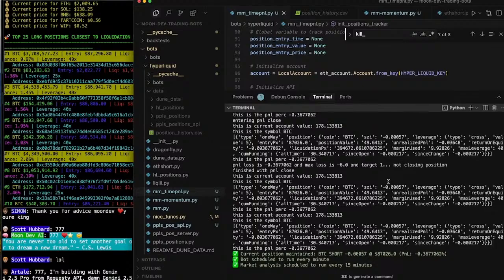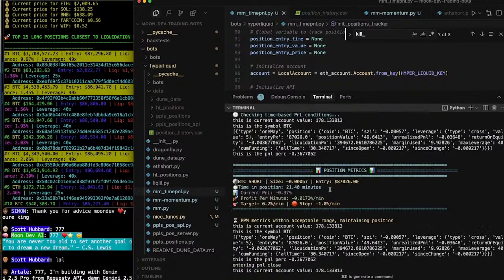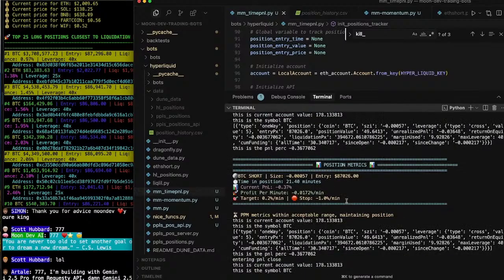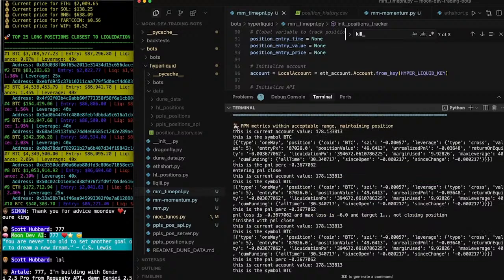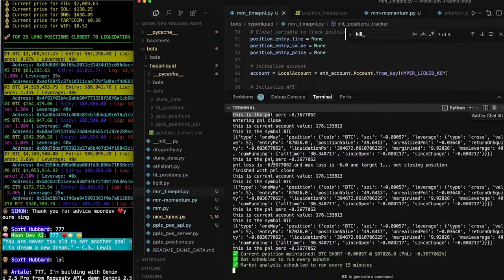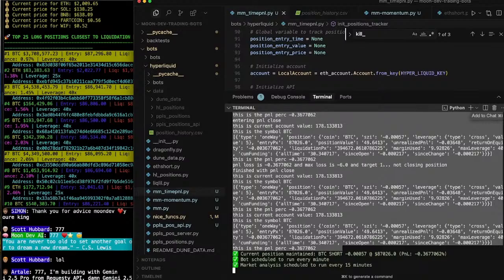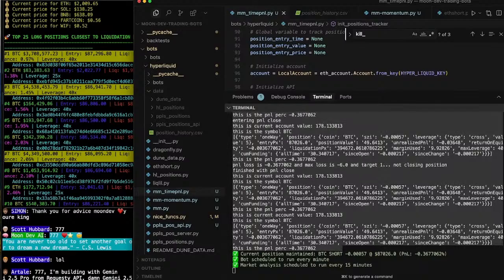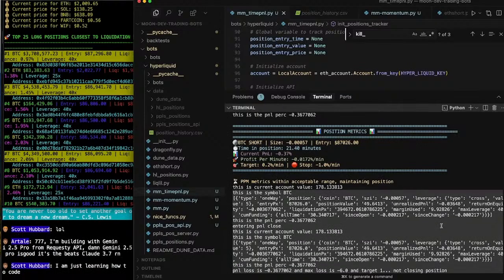Okay, so yeah, it still seems like it prints this stuff out, though. Seems like it still prints all this stuff out when we want the last thing to be this position metrics here.